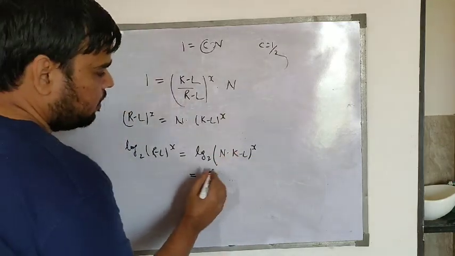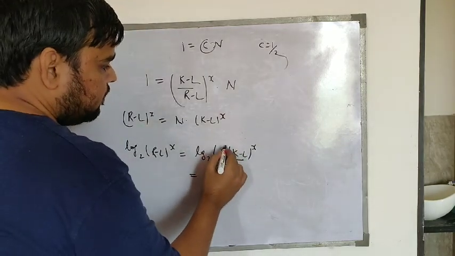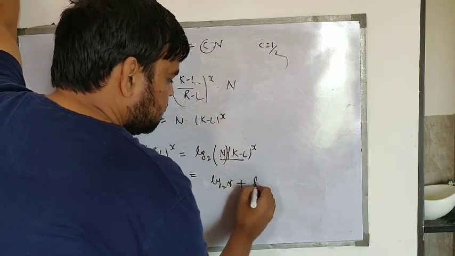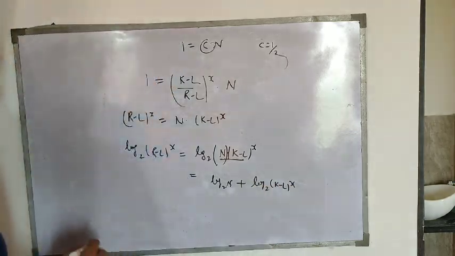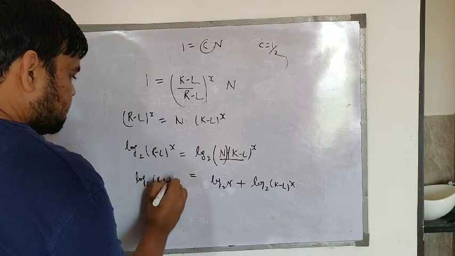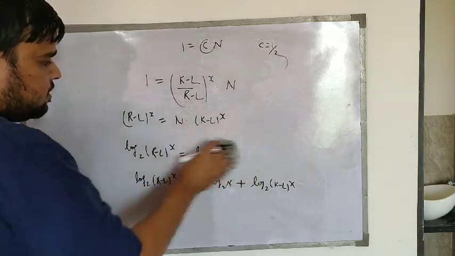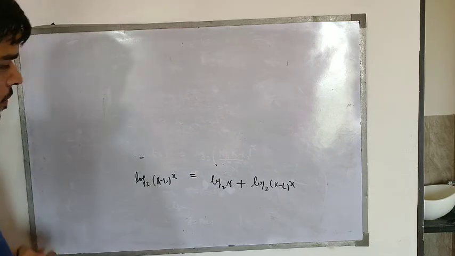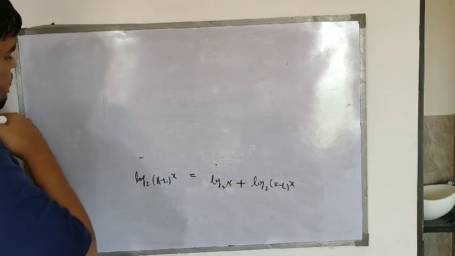Now this will be, by logarithm multiplication, this looks like log base 2 N plus log 2 of (K - L) to the power x, and this will be log 2 of (R - L) to the power x. Okay, let's simplify this. Now take this term to this side.